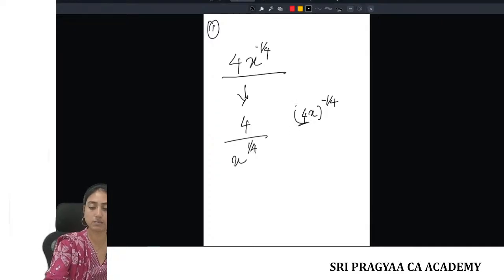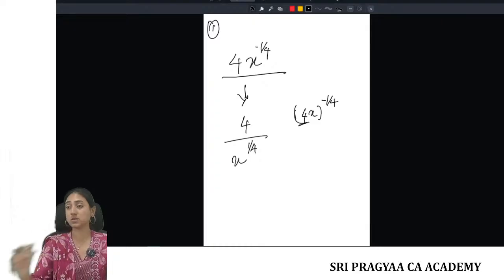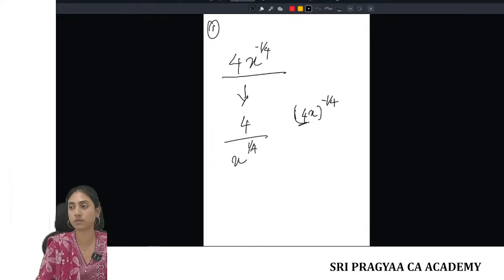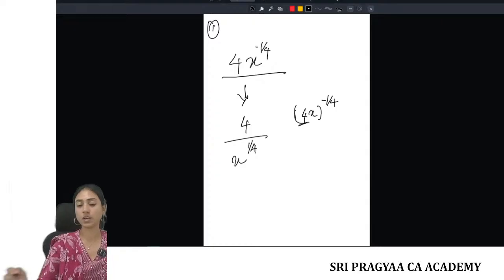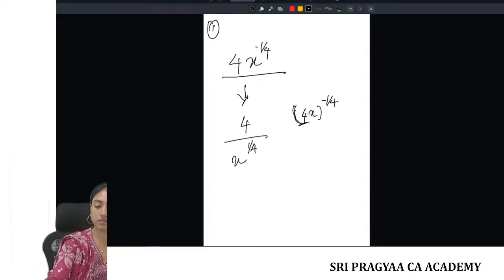So bracket, see, whenever in mathematics, the Bodmas rule, I'm sure you guys have gone through. What is Bodmas? First priority goes to bracket.